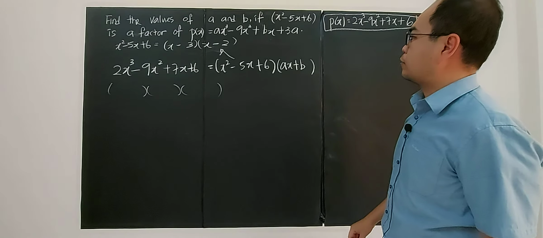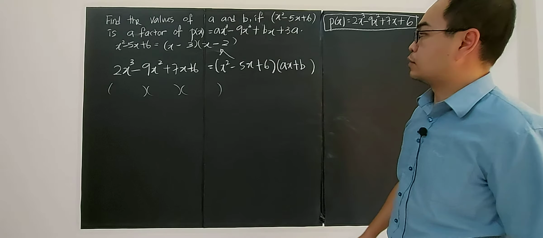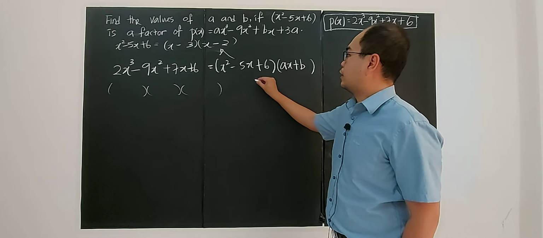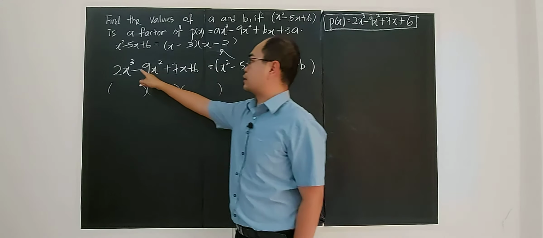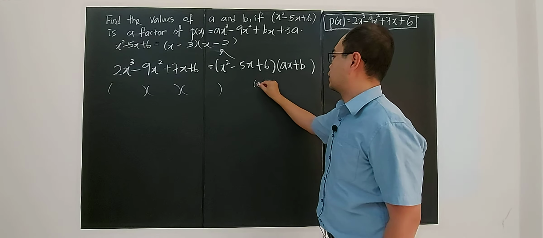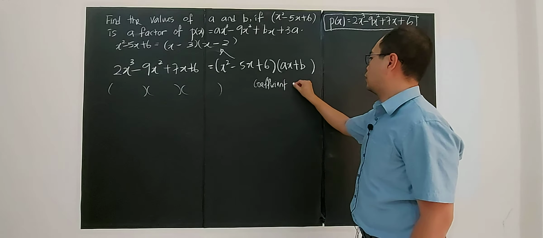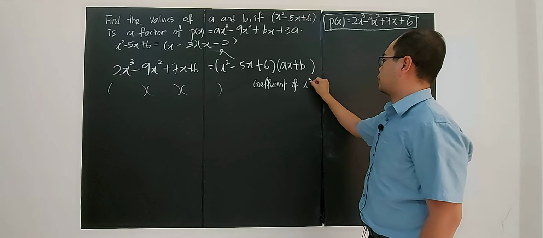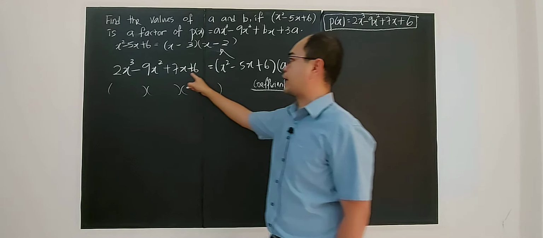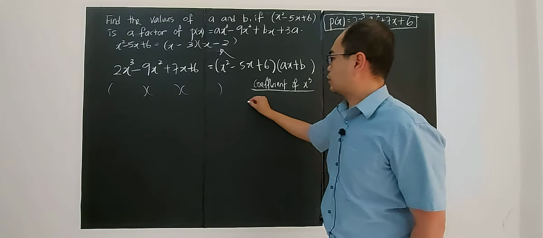So now how to find? By comparing the coefficient will be easier. Okay, so now you can see the coefficient for x cubed, right? The coefficient of x power 3. So what is the coefficient here? Of course, it is 2, right? 2.